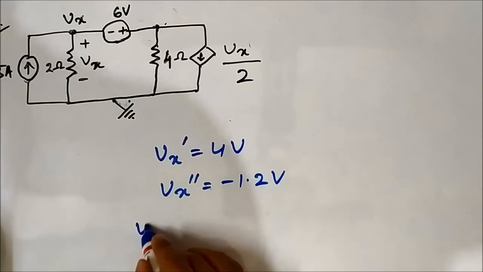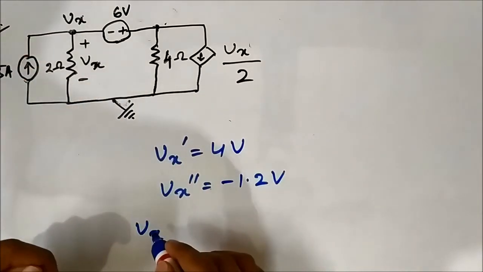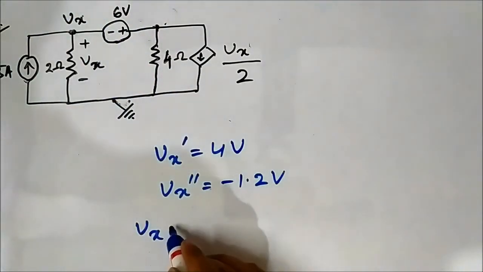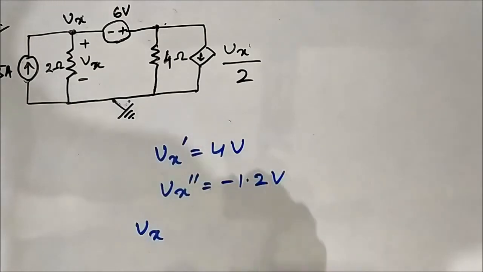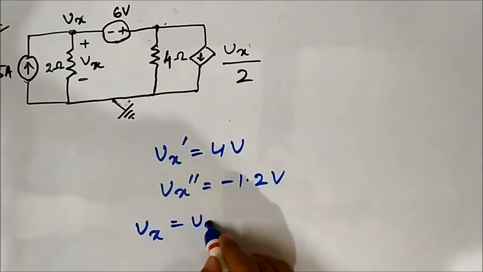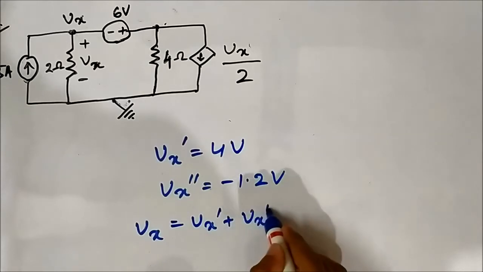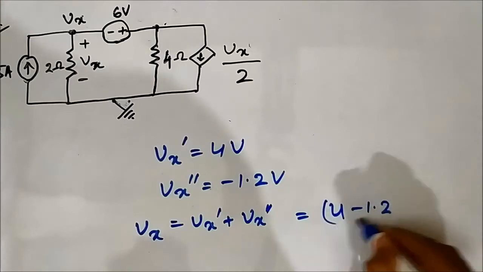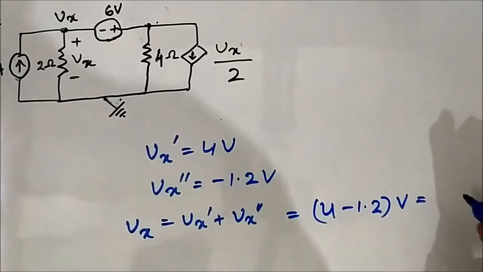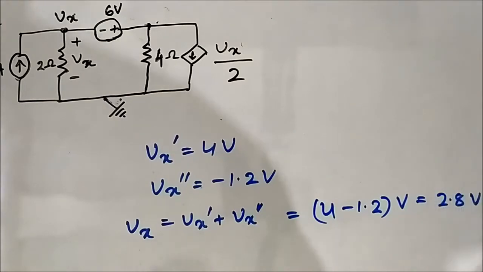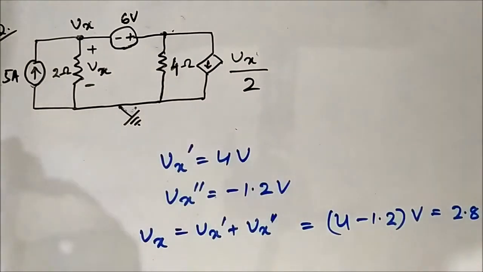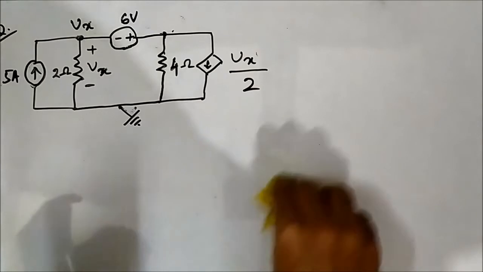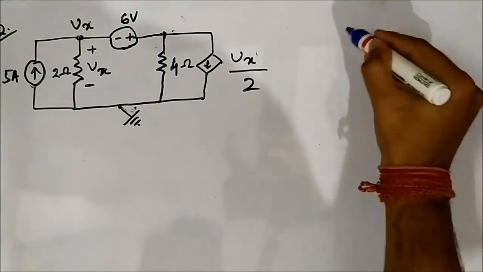So the net voltage drop, the combined effect of both these independent sources, is the sum of the individual voltage drops, which is simply Vx dash plus Vx double dash. This is the superposition theorem principle, which is 4 minus 1.2 volt, which is equal to 2.8 volt. So we have got Vx is equal to 2.8 volt.